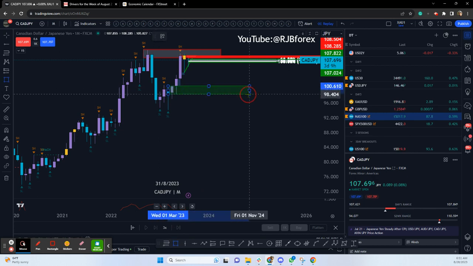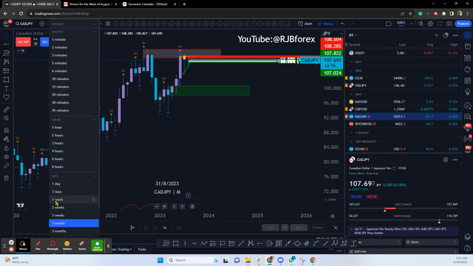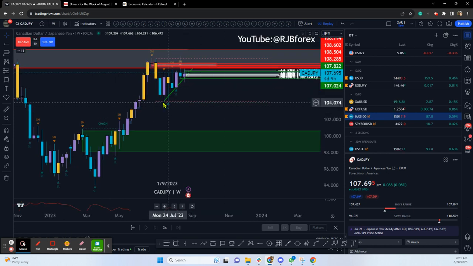Longer term outlook. And then weekly. Wedged, coiled, W formation, support, and here.